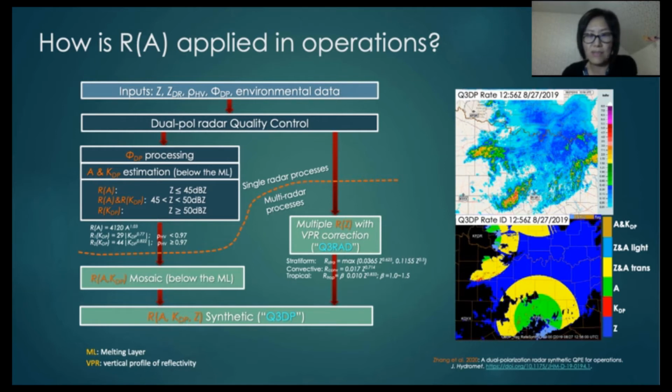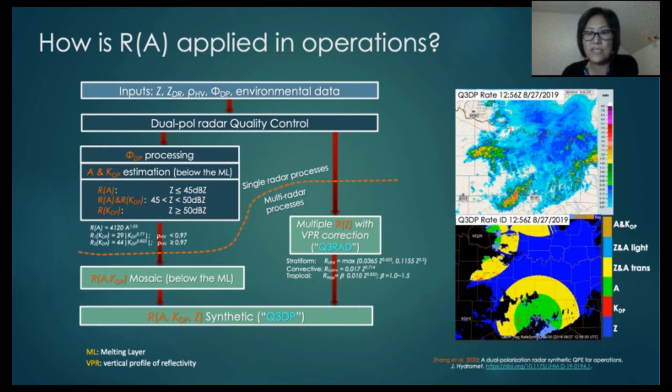The plot in the lower right shows how this works visually. You see the dark blue is areas above the melting layer, so it's all RZ applied. Then the green area is where RA was applied 100%. Then the yellow area is a 50-kilometer transition zone from RA to RZ.